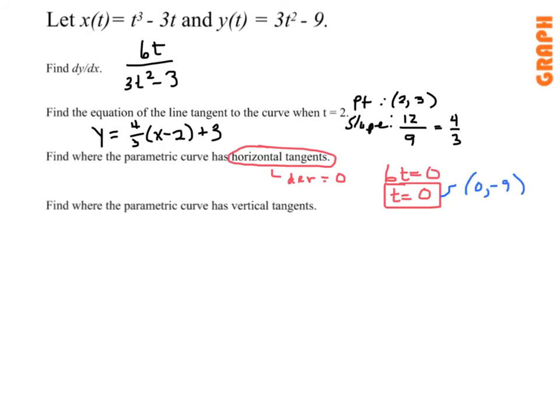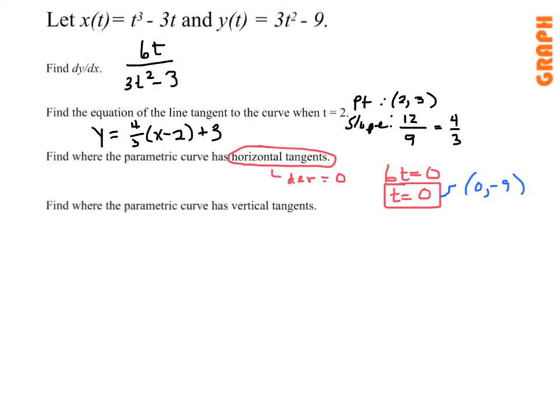Now, I also want you to think about this in terms of the two pieces moving, or this thing moving in both the x and y direction. If something has a horizontal tangent, that means it's not moving in the y direction, it's only moving in the x direction. So we need the dy/dt to be 0, which is exactly what we did. We made the dy/dt 0.